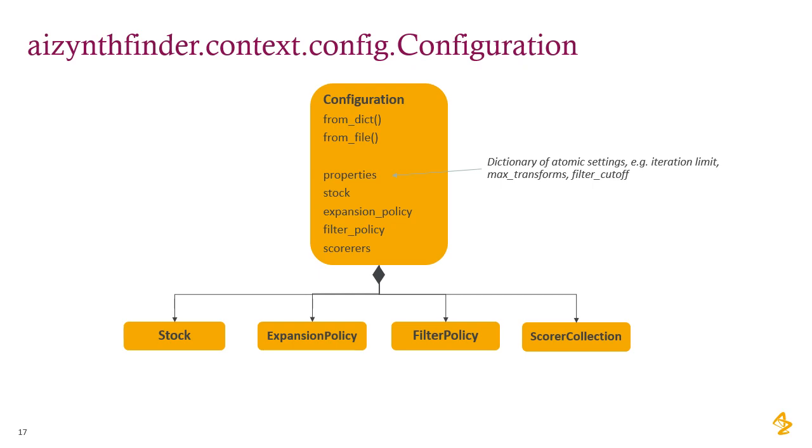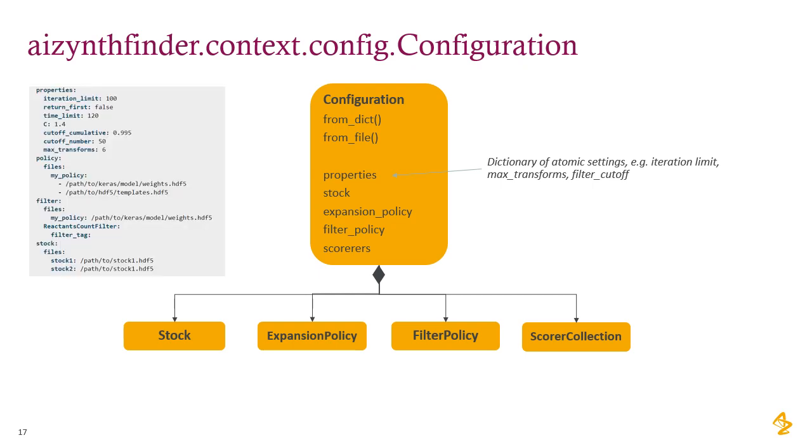And you can load this configuration from a file or from a dictionary. And typically you have a YAML file on disk where you can set the properties. So these properties will correspond to the properties attribute of the configuration.